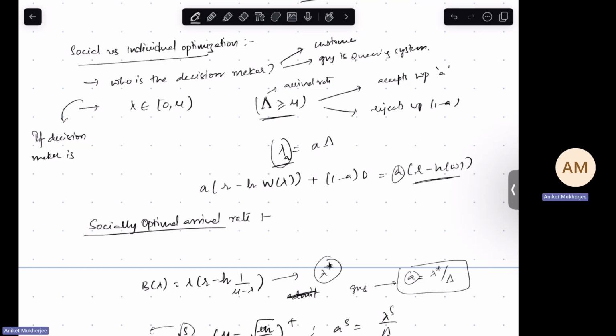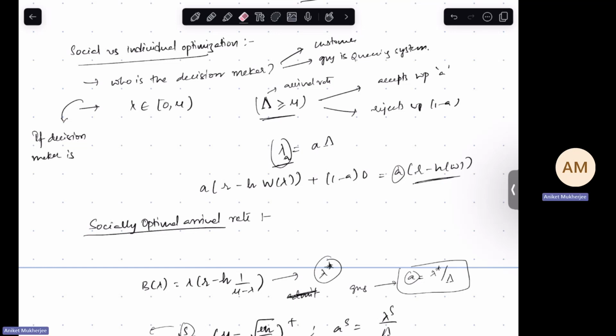So basically, it is either social or individual. If it is social, there is a guy who is not running the queuing system, who might be one of the customers, but who takes the decision on behalf of all the customers so that the expected reward that each customer gets is maximized.